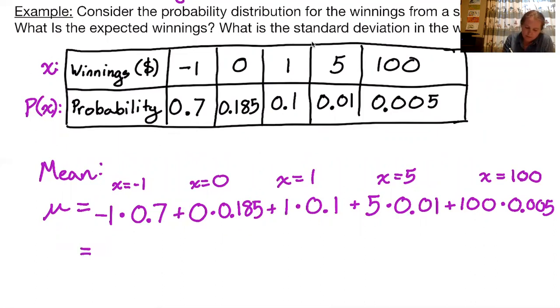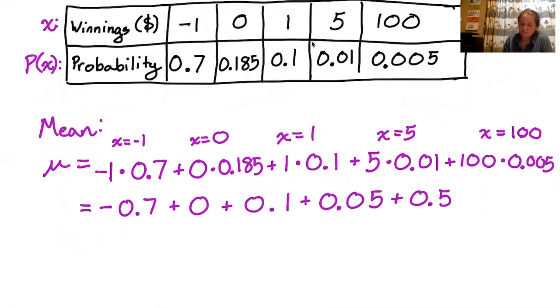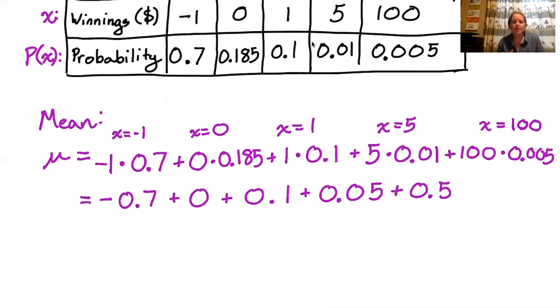So this becomes negative 0.7 plus 0 plus 0.1 plus 0.05 plus 0.5. If we add these up, that winds up being negative 0.05.